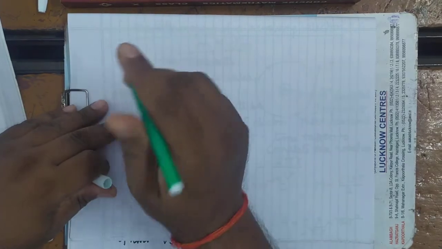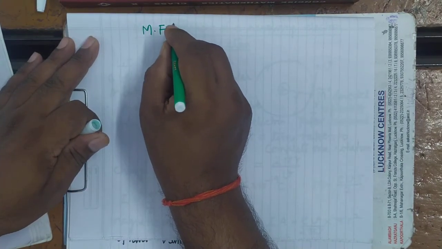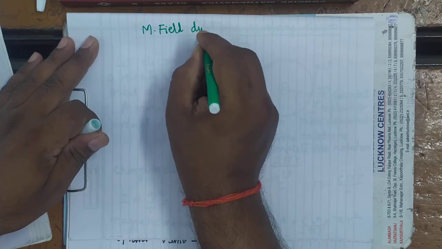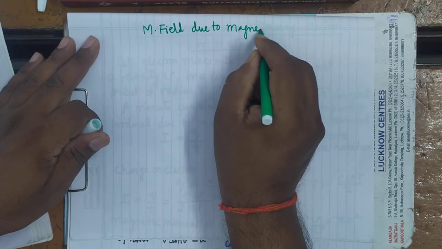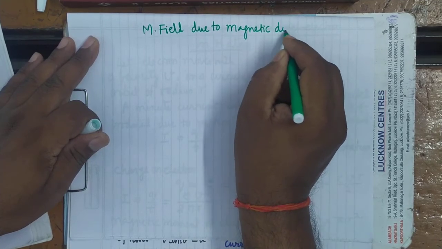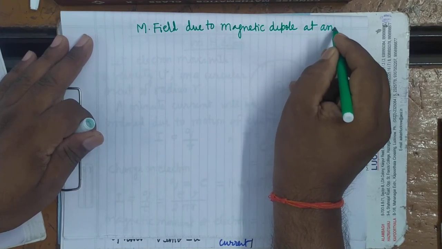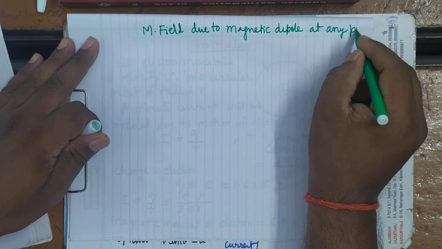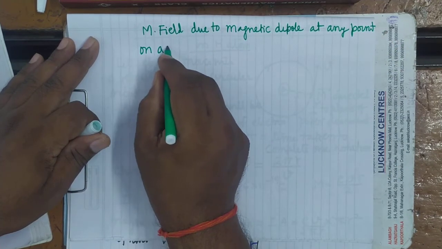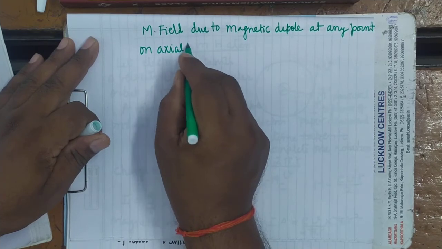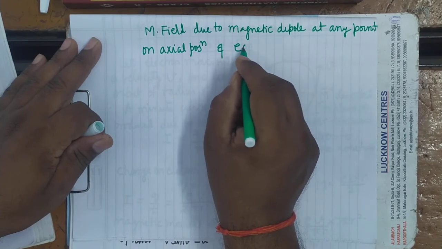You can see here, magnetic field due to a magnetic dipole at any point on the axial position and equatorial position.